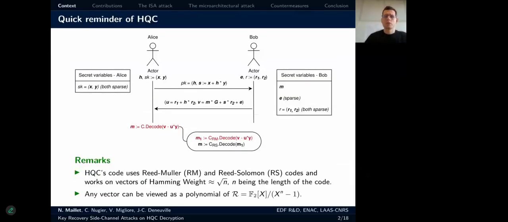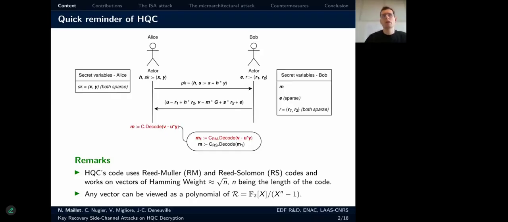To begin with, we can do a quick reminder of HQC, which is a PKE, a public key encryption mechanism that's being used as a KEM, a key encapsulation mechanism, in the NIST process. What we are attacking is the PKE version of HQC, so this implies also an attack on the KEM version of HQC.